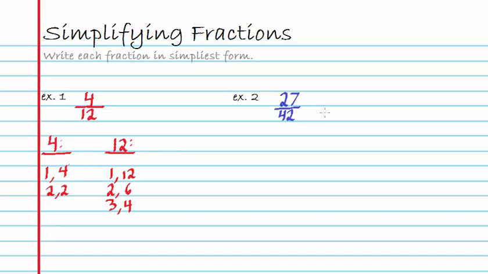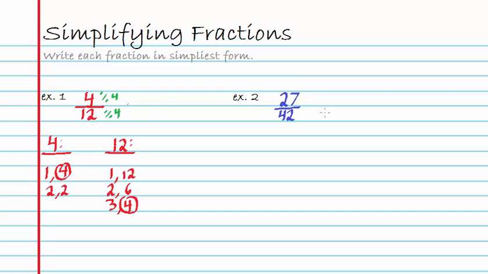So now I need to identify the greatest common factor. So in this case, 4 is my greatest common factor. So what I have to do to simplify this fraction is I have to divide out my GCF from the top and the bottom. So I divide both the top and the bottom by my GCF.